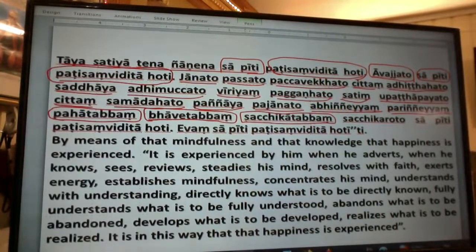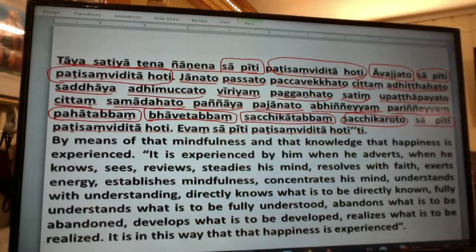So four satyas here. Sacchikatabba is Nirodha Satya, Nibbana. So to understand the Nirodha Satya, Sacchikatabba, Sacchikaroto. Sacchikaroto is making understanding of the Nirodha Satya, Nibbana.